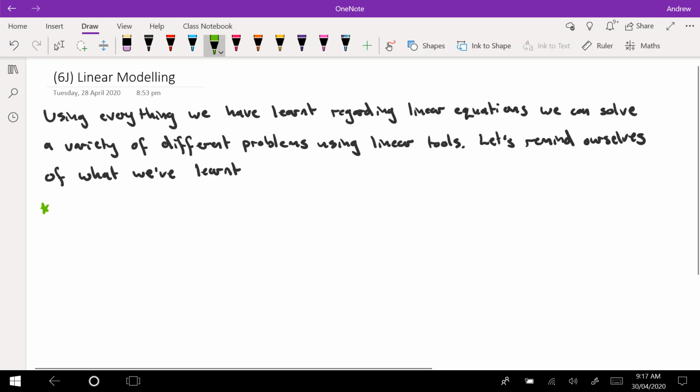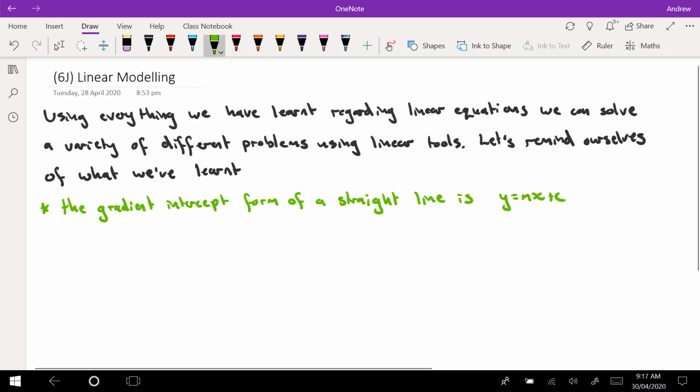So, we've got the gradient intercept form of a straight line. So let's remember, guys, the gradient intercept form of a straight line is y equals mx plus c.